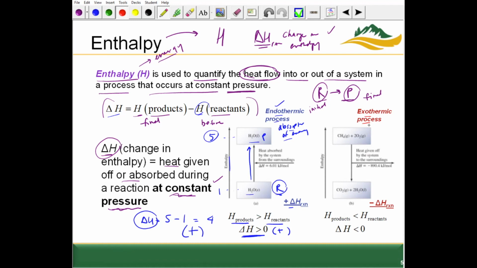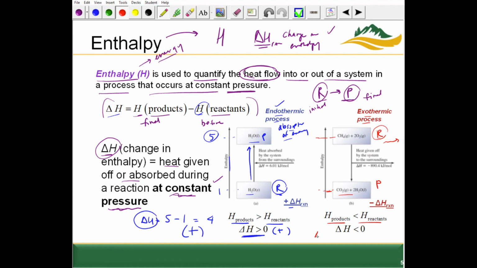We know for an exothermic process, our reactants give off energy. They release energy by the conclusion of the reaction. So the products are at a lower energy or a lower enthalpy than the reactants because, again, they give off energy over the span of the reaction. The reactants are going to be higher energy than the products that they end up as. So enthalpy of the products is less than the enthalpy of the reactants.